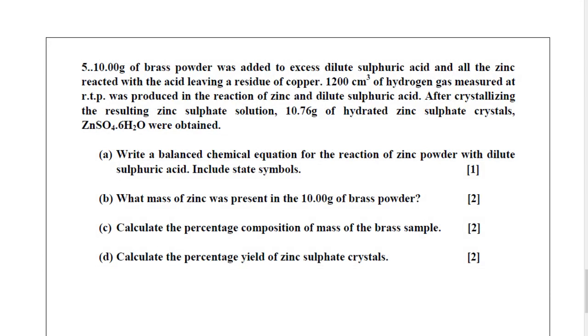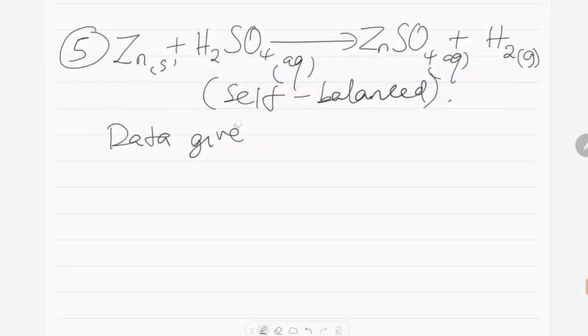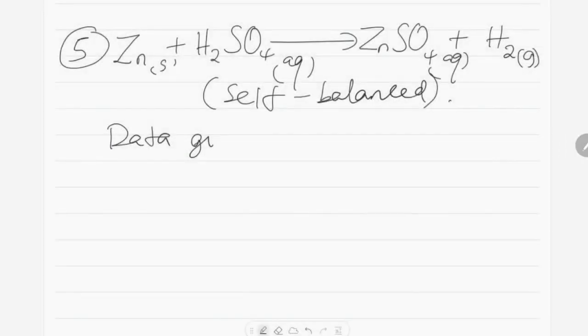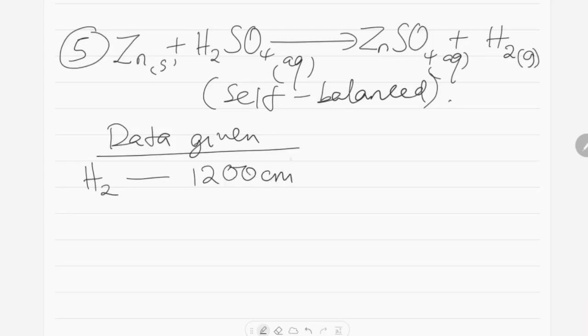But to have that, let's look at the data given. We've been given that the hydrogen gas produced was 1,200 cubic centimeters.